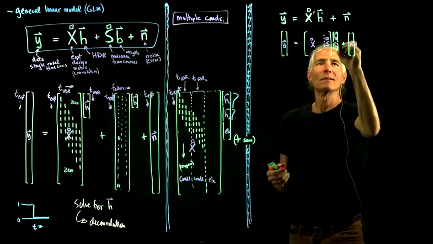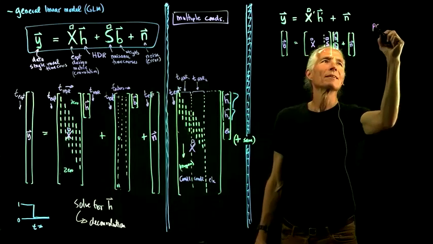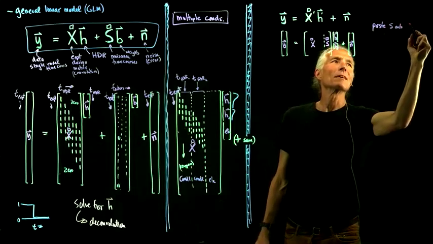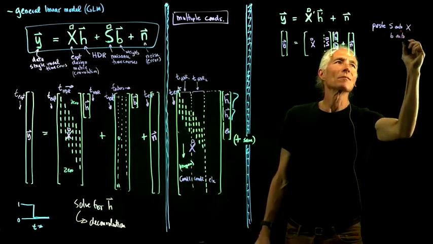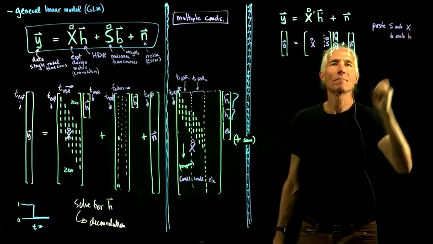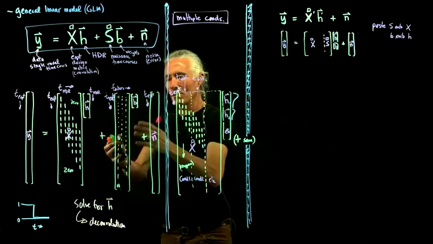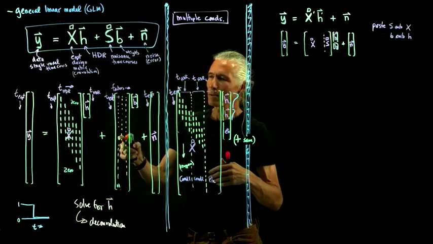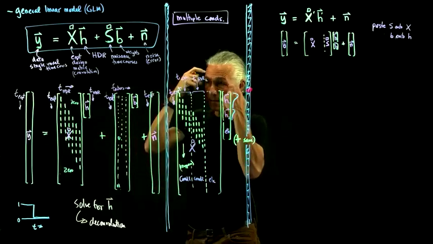Basically that's just pasting S onto X and B onto H. And there are certain reasons that we went over in the 8 a.m. lecture about why we might want to really treat these two matrices differently.